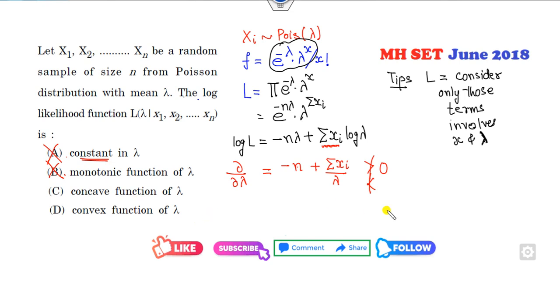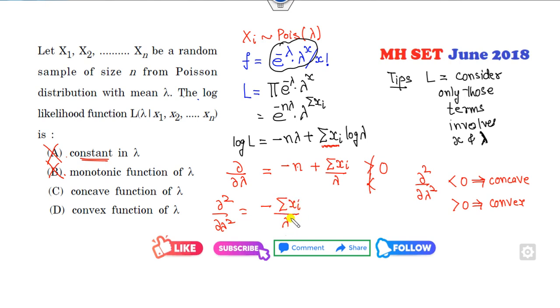Is it convex or concave? How can you check? I can check the second derivative. If the second derivative is less than 0, then we call it concave. If the second derivative is greater than 0, we call it convex. So what is the second derivative of this? It will be minus summation of xi over lambda square.